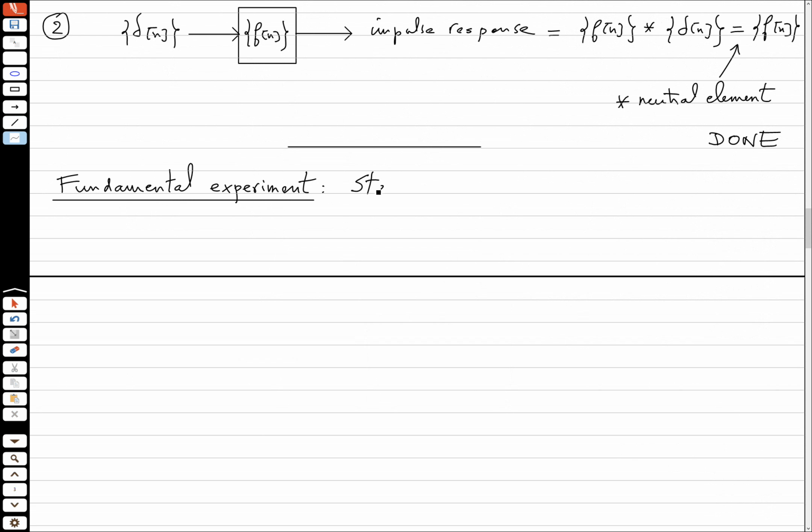Start with a given system S that is known to be LTI.